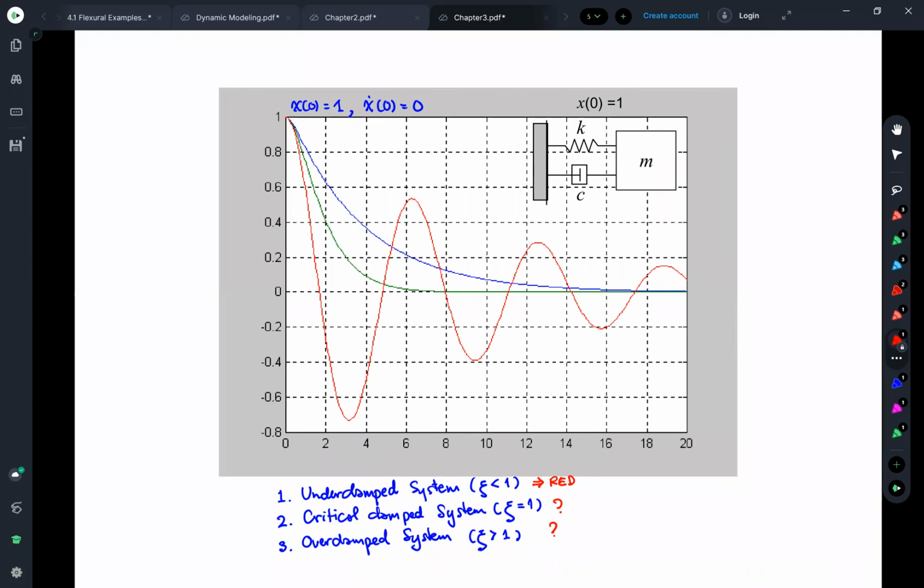So the green needs to belong to one of the critical or the overdamped, and the remaining will be the blue. Okay. Any questions? I will give the Padlet link to you. You write down your ID and just say the red, the green, the blue, and return back to me within maybe just 3 minutes, right? Any questions? Otherwise, I will provide the link.